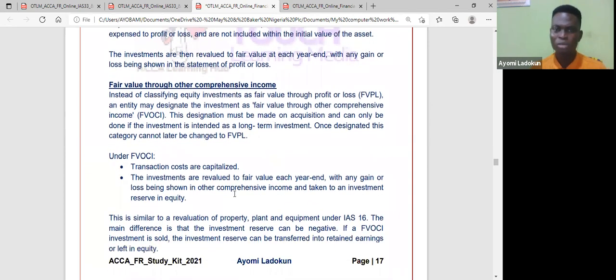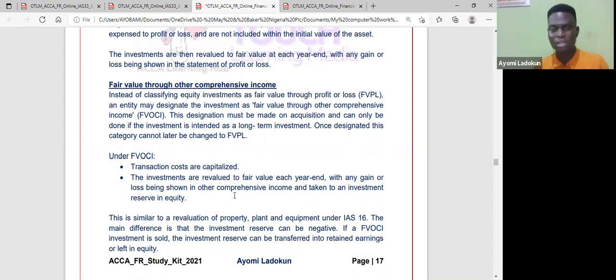But when it comes to fair value through other comprehensive income, let me break it down again so that we understand. We are talking about financial assets. IFRS 9 says an entity will recognize a financial asset if and only if the entity is a party to the contractual provision of the asset. Is that okay? Initially, financial assets, let me say equity instruments, are measured at fair value.